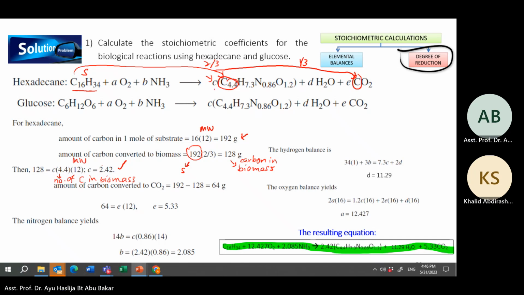Okay. Now after that, C already know. Now we move forward using the infos of CO2. Amount of carbon converted to CO2. 192 is the amount from substrate. C substrate minus C biomass.